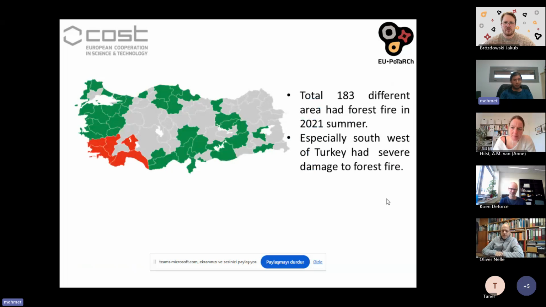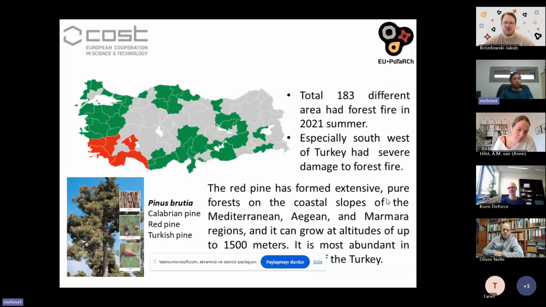As you can see, the red color in this map of Turkey shows where Pinus brutia, red pine, grows. The red pine has formed extensive pure forests on the coastal slopes of the Mediterranean, Aegean, and Marmara regions, and it can grow at altitudes of up to 1,500 meters.